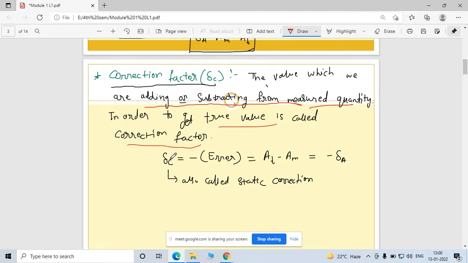It is denoted by del C, which is nothing but minus of error. Whatever data I have written here is taken from the A K Sawhney book.